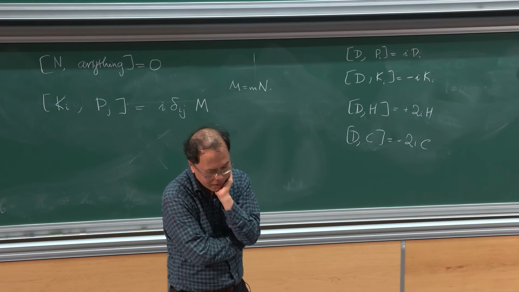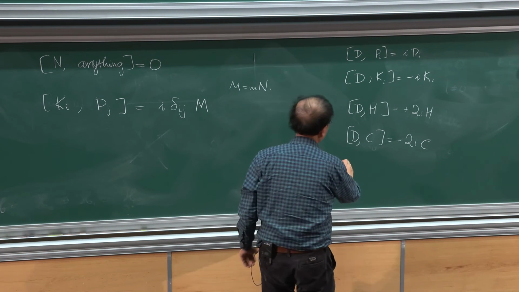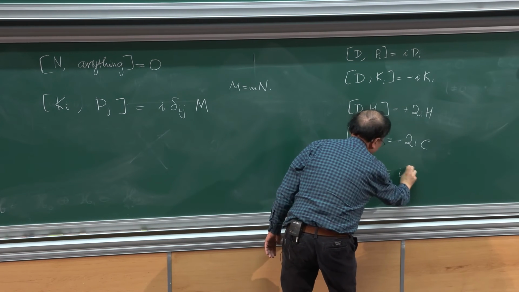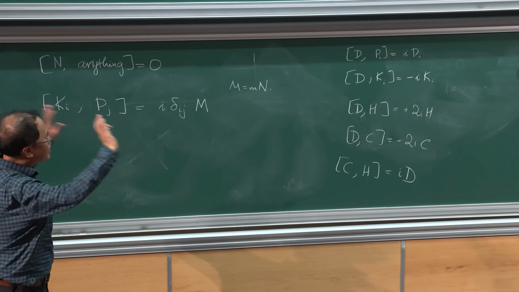One more, maybe, then that's it. C and H. And there are some other things, but there's a whole table you can write down.